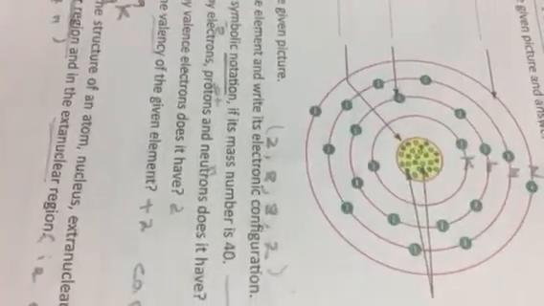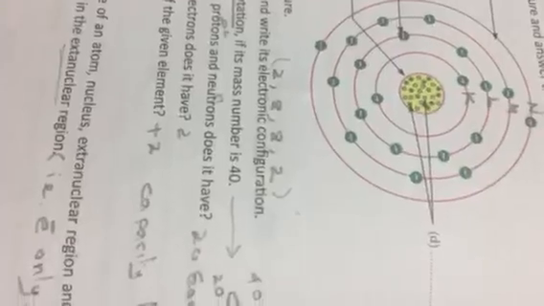See answer B. You write the electronic configuration like this: 2, 8, 8, 2. What is this symbolic notation? Notation means representation. I made it simple for you. You write calcium, Ca is the symbol, 20 is subscripted, 40 is superscripted, and go on fill it according to the question I answered.